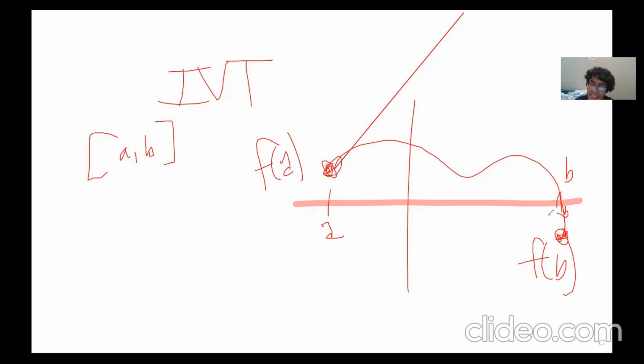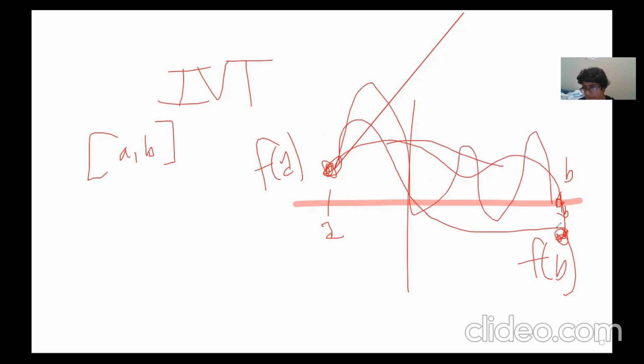Well, we know that if one of these points is above the x-axis and positive, and one of these points is below the x-axis and negative, it'll have to have crossed somehow. And it crossed over here for us, quite close to B, but maybe it could have done something like this. Maybe it could have crossed several times, but that's not the point. The point is we have to just know that it crossed at least one time.